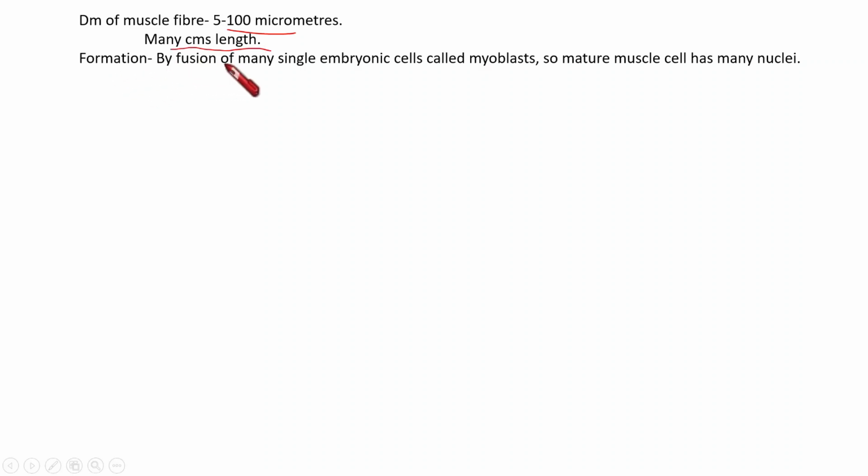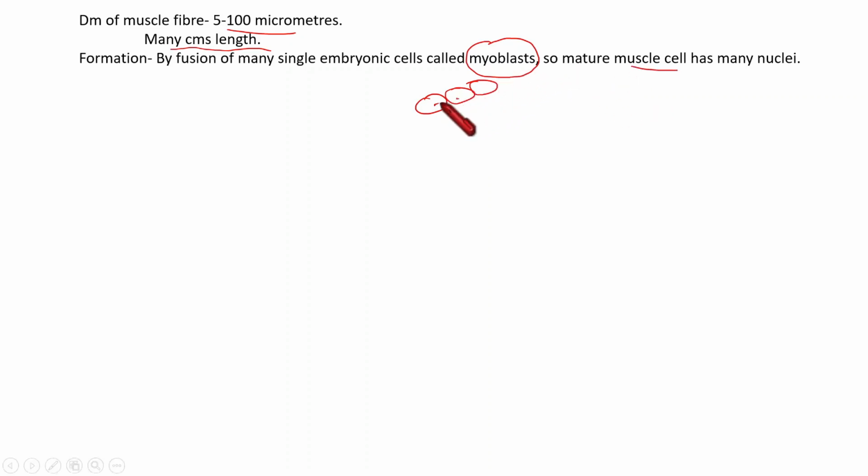And how does it form? It forms during embryonic development by the fusion of many myoblast cells. They fuse with each other to form a single muscle cell.